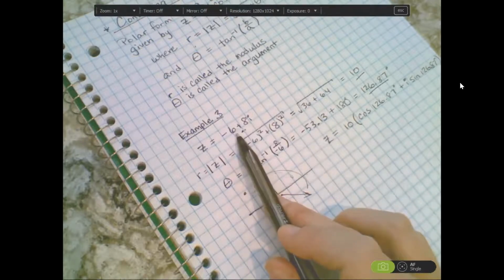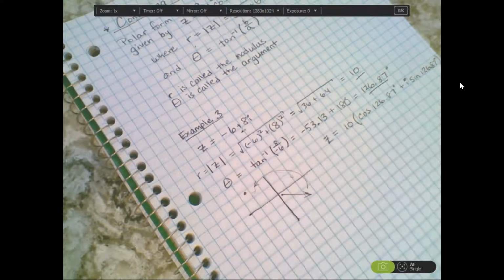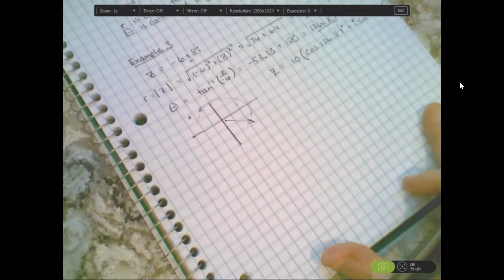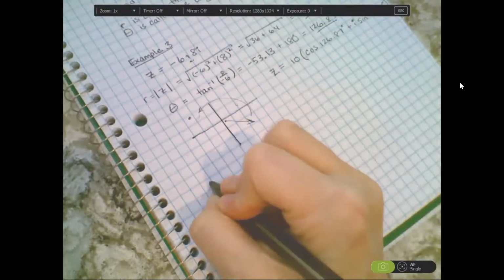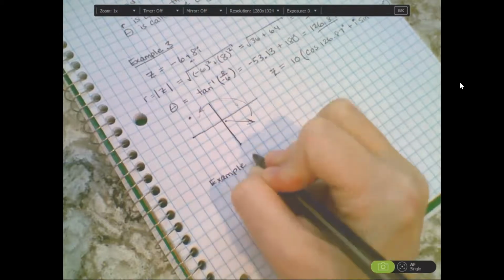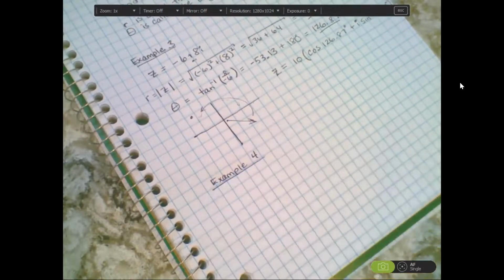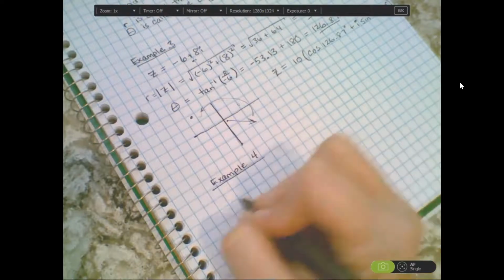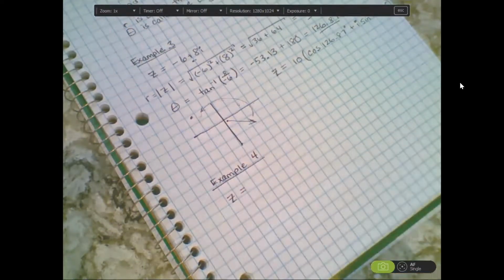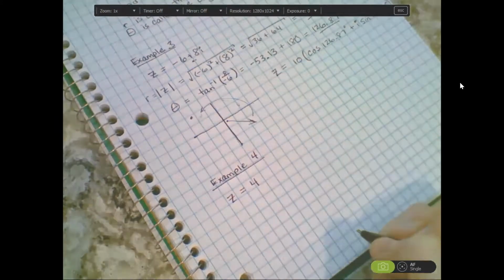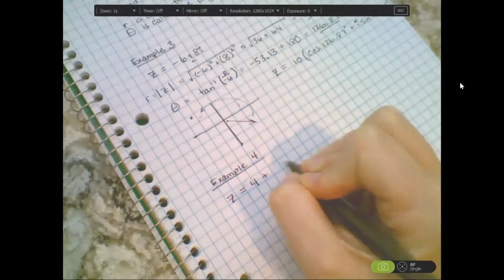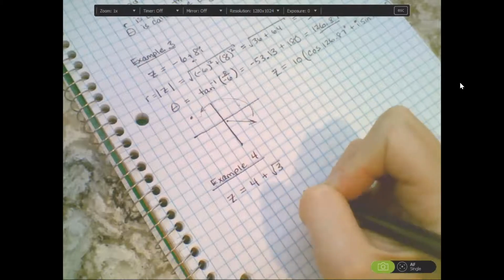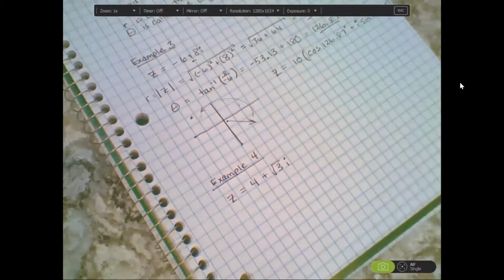Okay, I'm going to work through another one. Let's see, I think I got enough room to do it down here. Example 4. Let's do this one. So we got z equals 4 plus root 3 i.